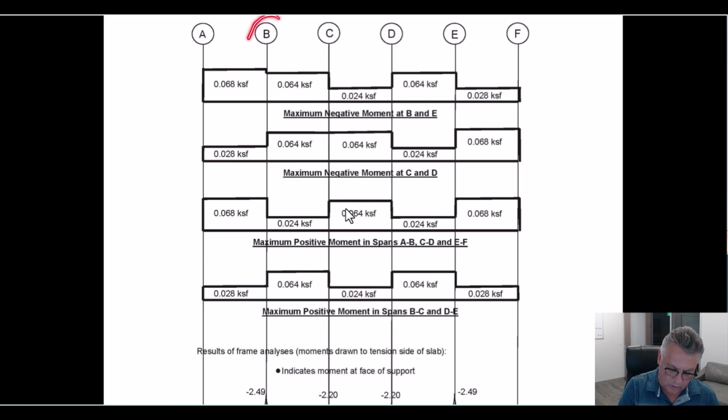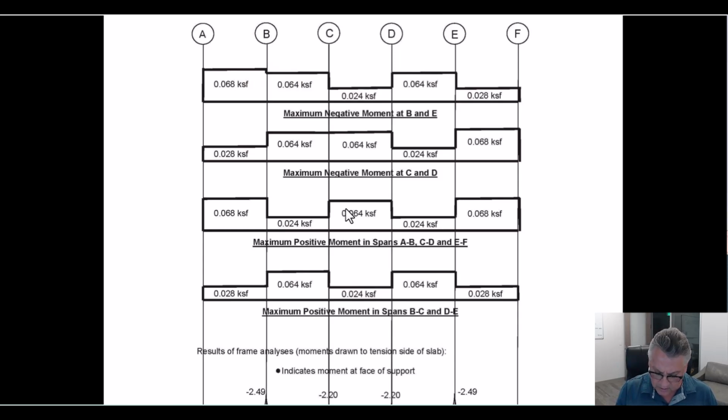And so that will give us the maximum negative moment at B, which, since this is symmetric, we will use at E also. But this pattern loading is actually created such that it's absolutely the worst at B, not really at E, but because it's symmetric, we're going to use what we get at B at E.